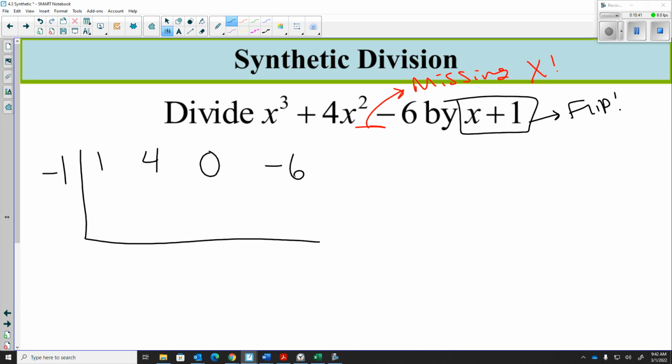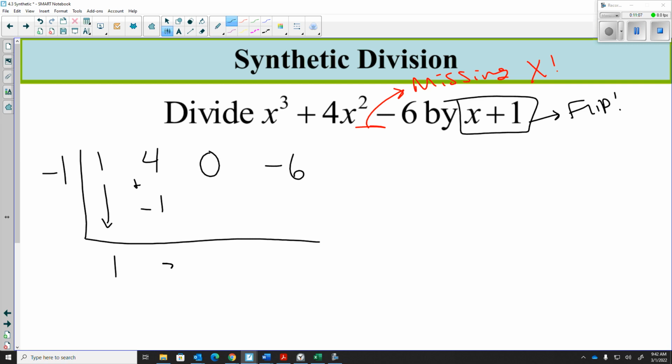So if you remember how we started, we dropped the first number. The first number came down. That's a 1. And then we just get rolling with this multiply, add, multiply, add, multiply, add. So -1 times 1 is -1. Put that number up there. So then what am I adding? Okay, so 4 plus -1 is 3.